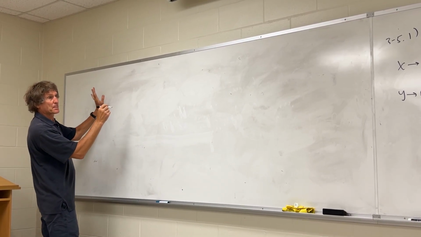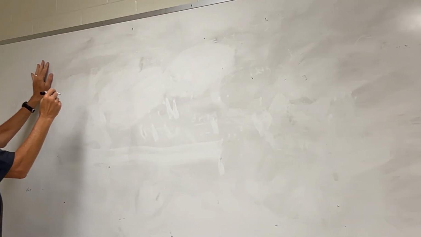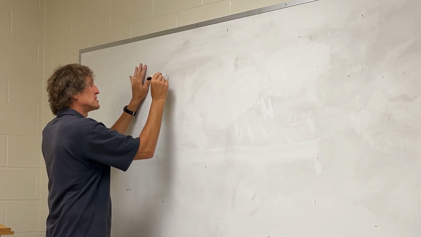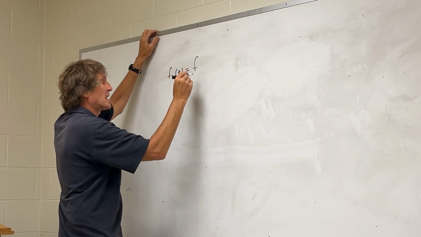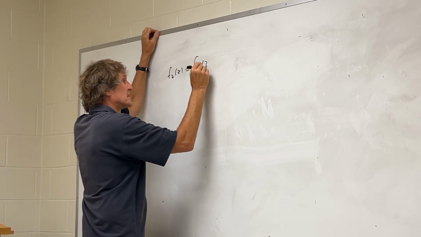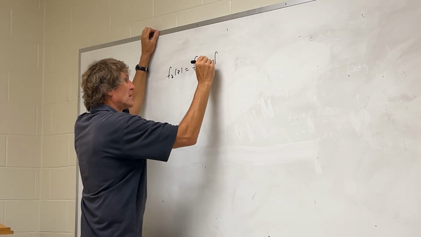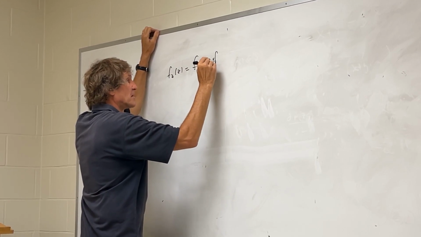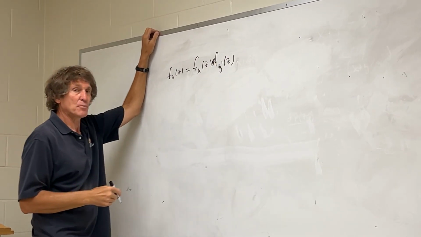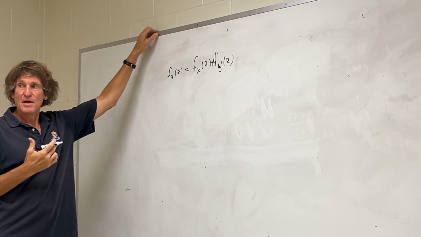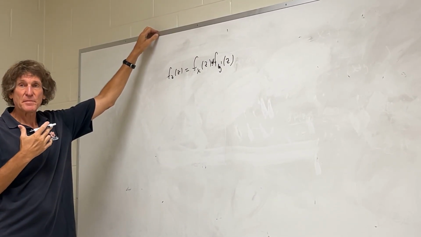What we need is the convolution: f(z) is going to be f(x)(z) convolved with f(y prime)(z). You all follow me? I'm putting that argument there so you remember. We're convolving two functions, it'll be an argument of z.